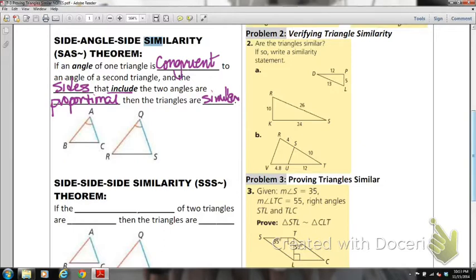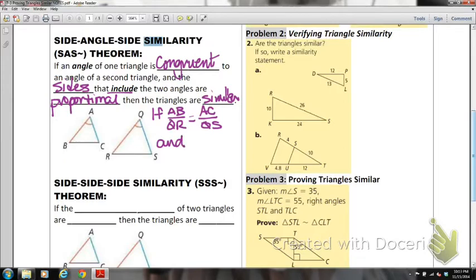So here we have, if our sides are proportional, so if AB over QR is equal to AC over QS. So you've got proportional sides between the two that are marked in red in this diagram.